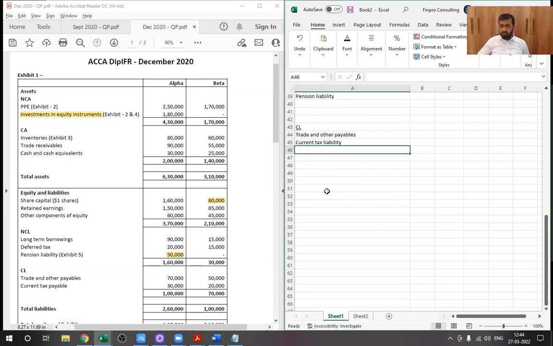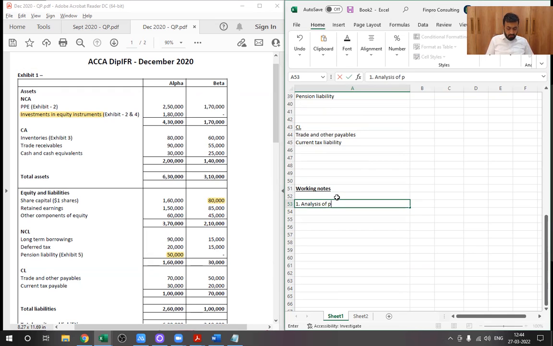So before that, we need to prepare the working notes. First working note which we need to prepare, I've told you, analysis of profits of Beta. Here there are two dates. One is date of acquisition, and here is date of reporting.